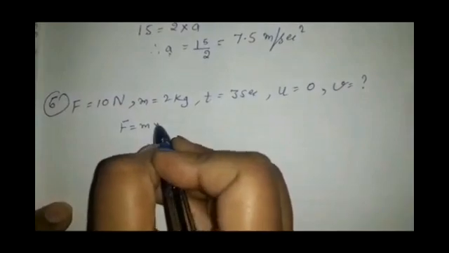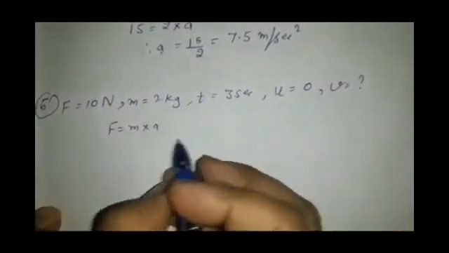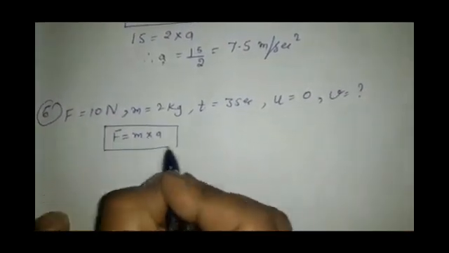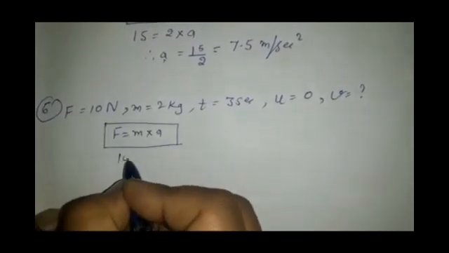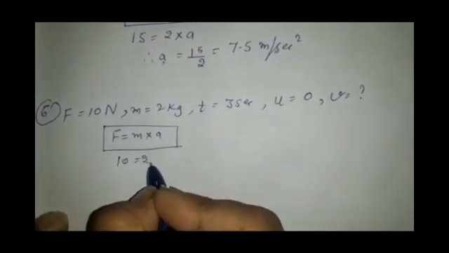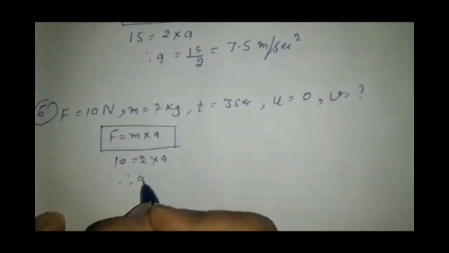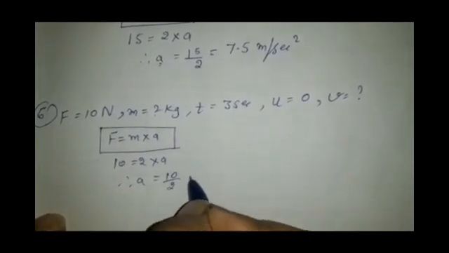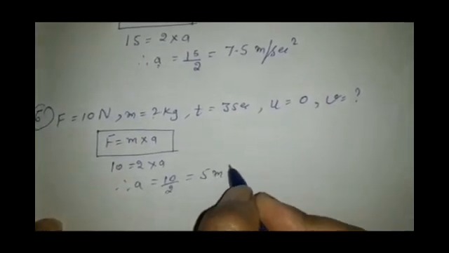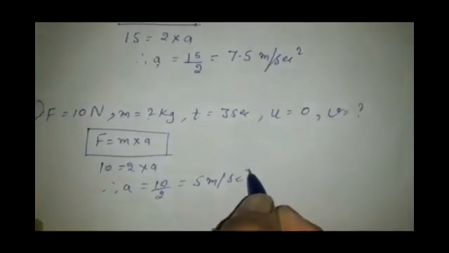We know that F is equal to m into a, because here we don't know the acceleration. So from this formula we can find acceleration. Put the value. 10 is equal to mass 2 into a. Therefore a is 10 by 2. That is, acceleration is 5 meter per second square.